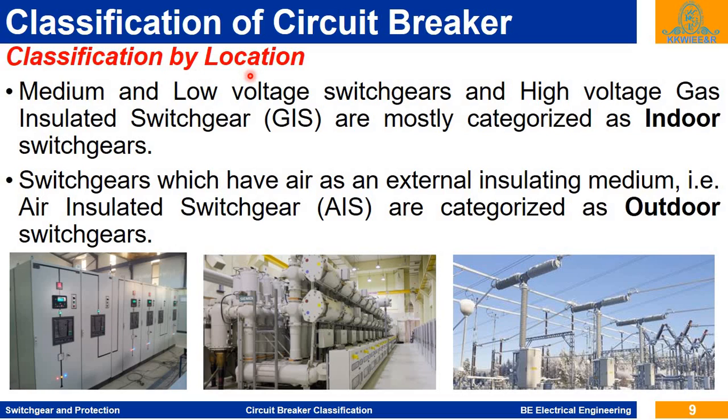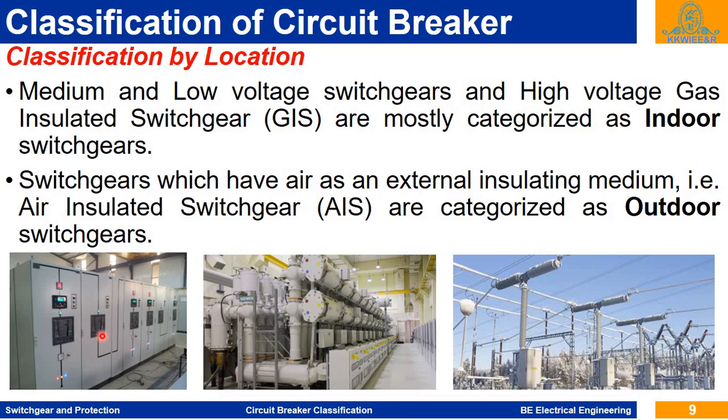Now we'll see the classification in details based on the location of the circuit breaker. So medium and low voltage switch gears and high voltage gas insulated switch gear, GIS, they are mostly categorized as indoor switchgear.